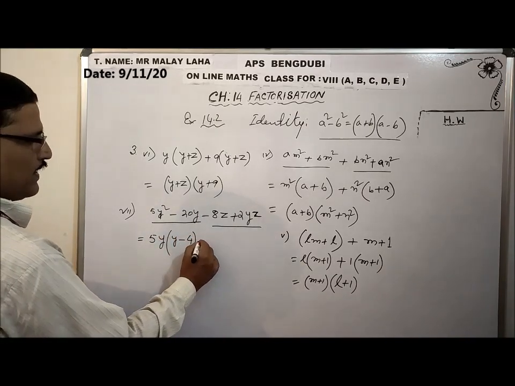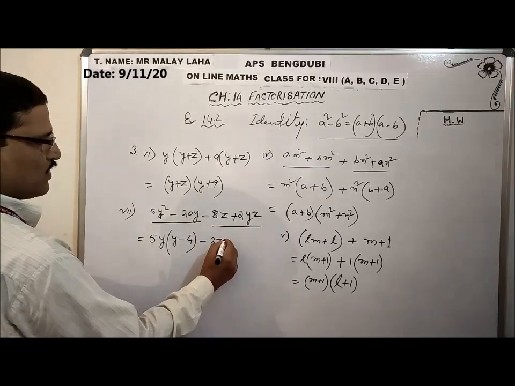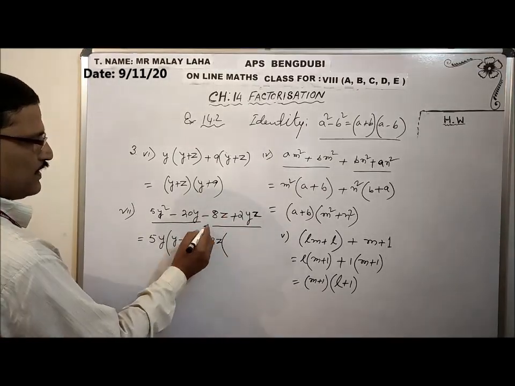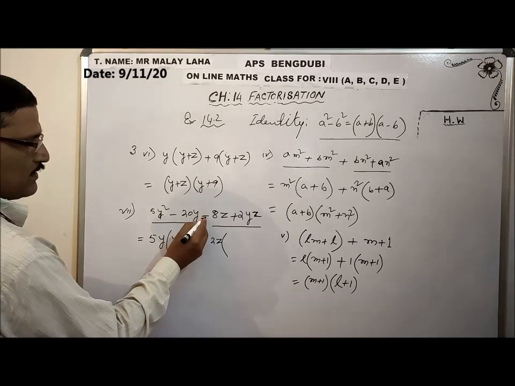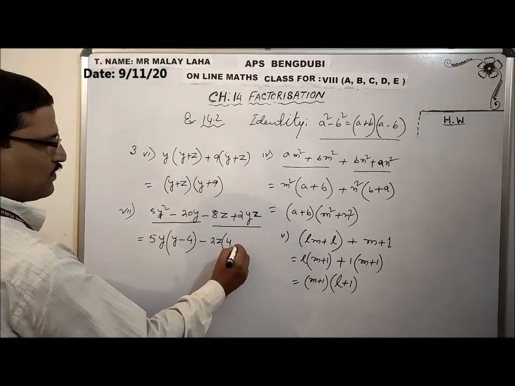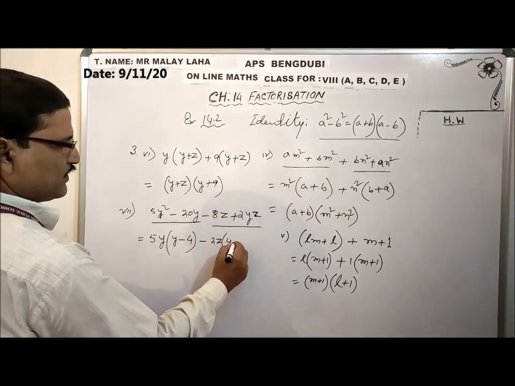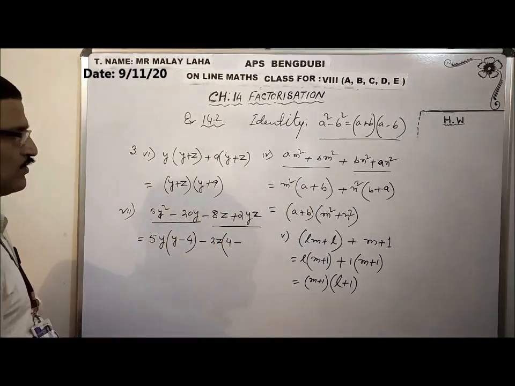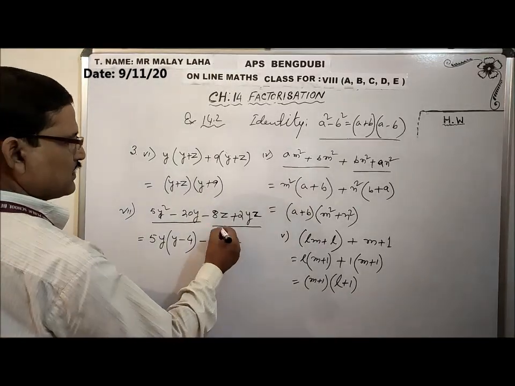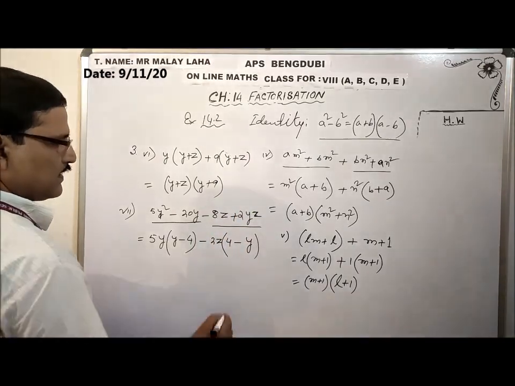Okay. Now minus, if I take 2z common, what is left out? It was earlier minus. Look at here. Now it will be plus 4, z is out. Now it was minus plus, it will be minus. Then what will happen? Now 2z, 2 is out, z is out, y is here.